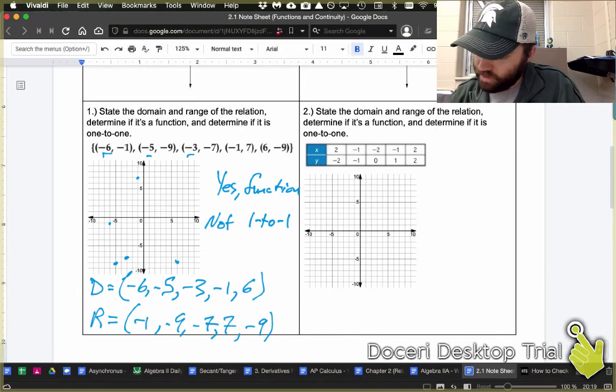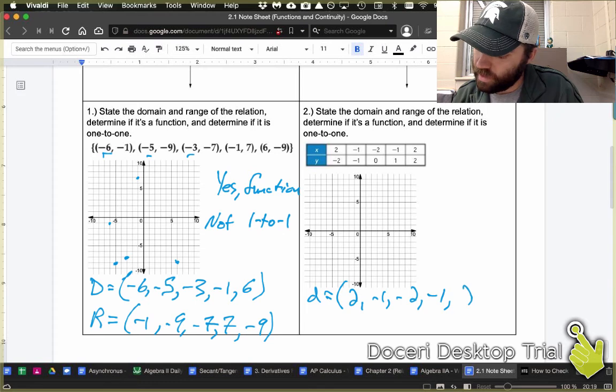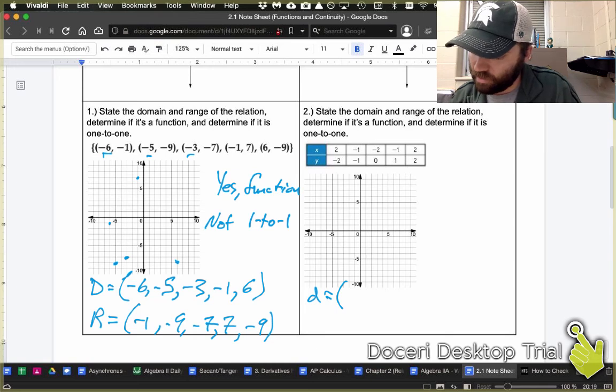All right, hopefully you paused and you're coming back now. So the domain of this is all the x values. So it's going to be 2, -1, -2, -1, and 2. And actually, you don't need to write duplicates. Okay, and honestly, you should, good job, Cresswell, you should write them in numerical order too.